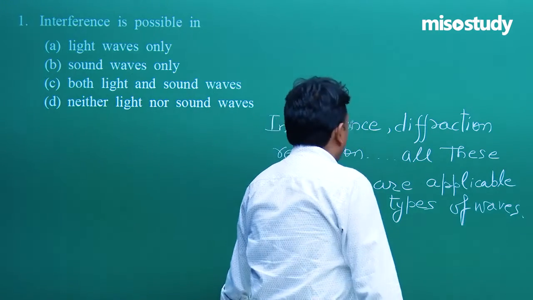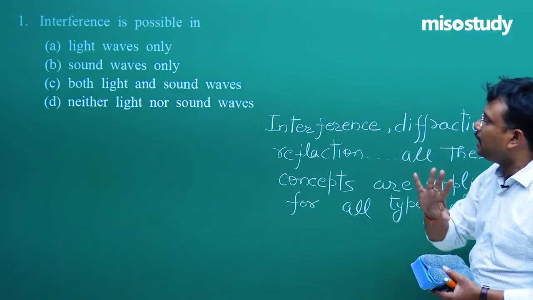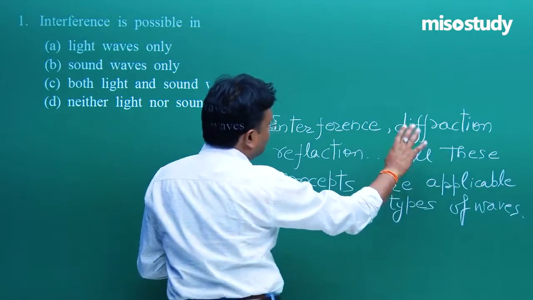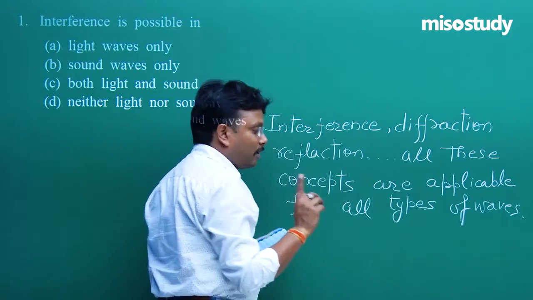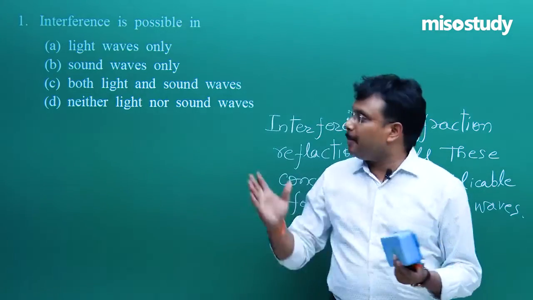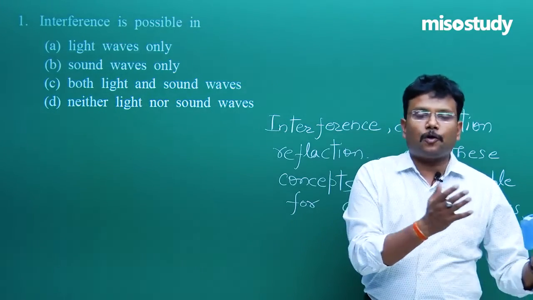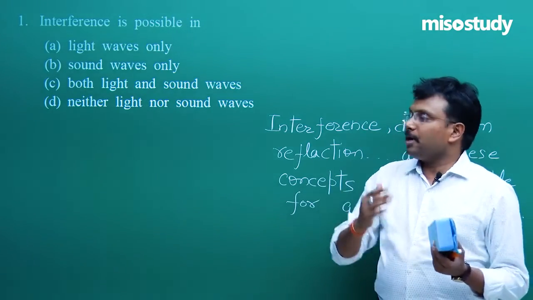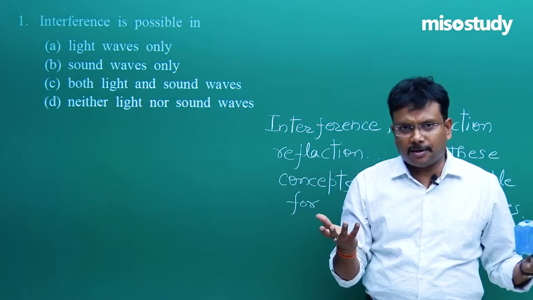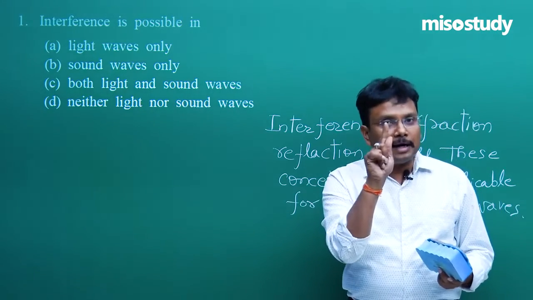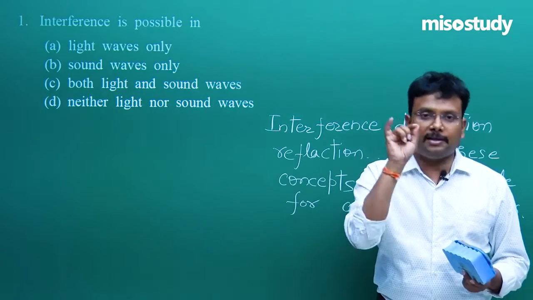Now this is a proper approach. The reason being, rather than only learning interference, we also revised our concept that these phenomena are applicable to all types of waves. Now what exactly do I want to prove this way? See, for example, if you are picking questions from chapter X, and you decide, okay, I will solve n number of problems from chapter X, Y, Z, something like that, then not only that question, but read the question, think of all associated concepts, and only then provide the solution.